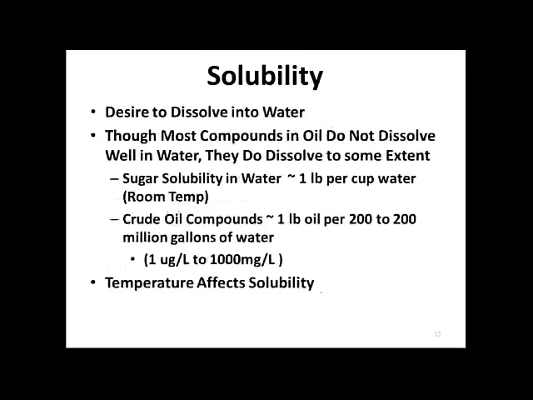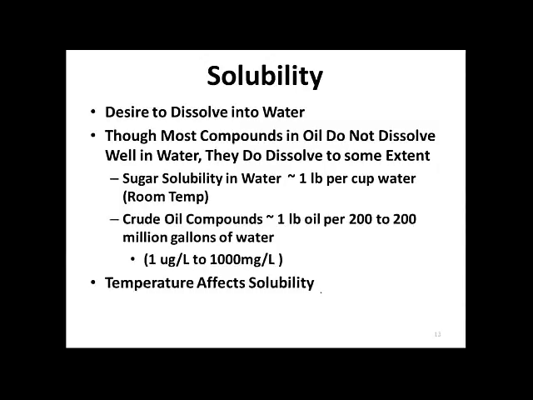The third characteristic that we've talked about several times now is solubility. And remember, solubility is how something wants to dissolve into water. And we concluded last time, and back in March of 2013, that something like sugar is very, very soluble in water. But crude oil, those individual compounds in crude oil are not very soluble in water, okay?